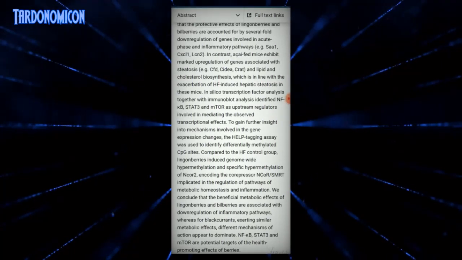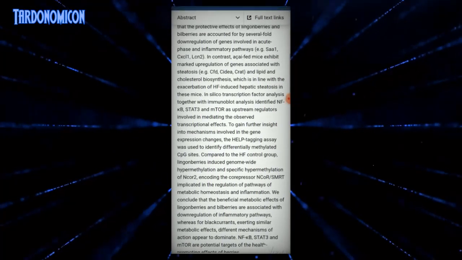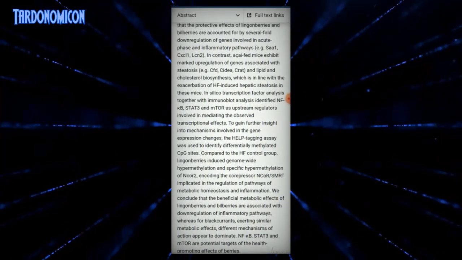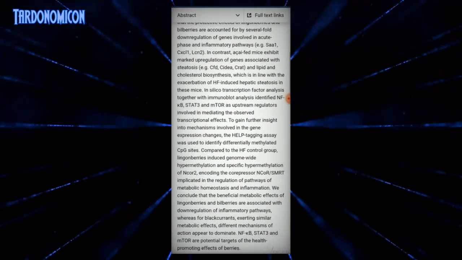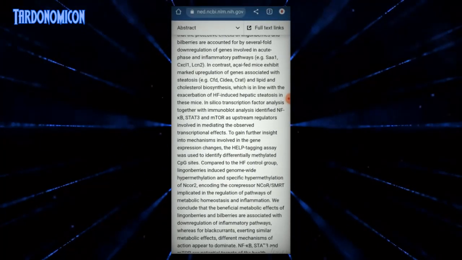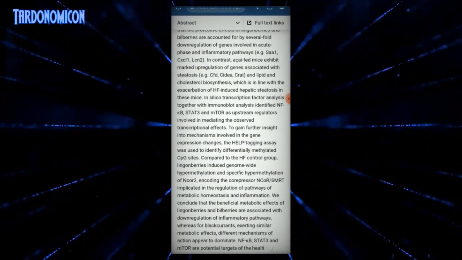So basically, these mice are being fed a high-fat diet. The acai berries essentially help that along. The acai berries cause a fatty liver, whereas the lingonberries and blackcurrants decrease it.